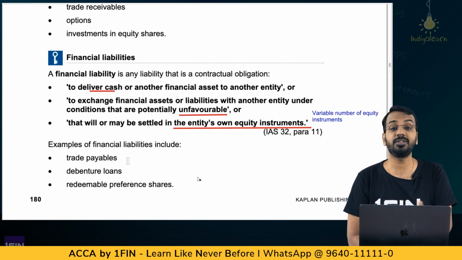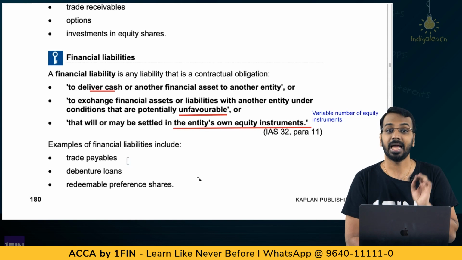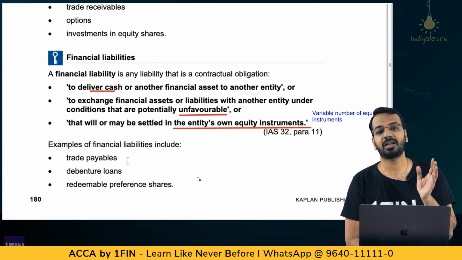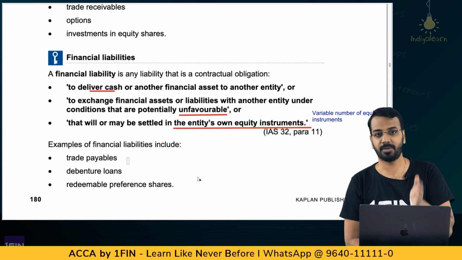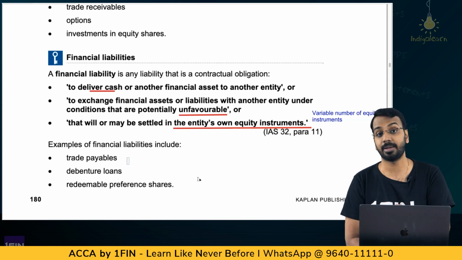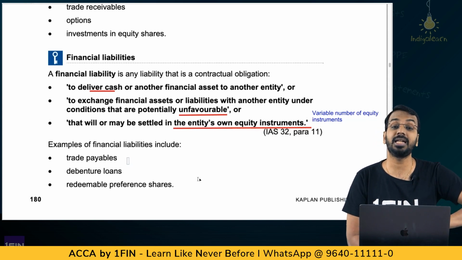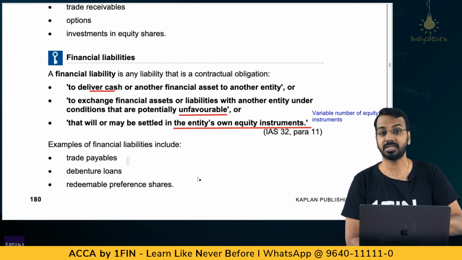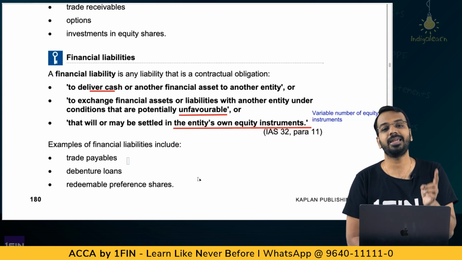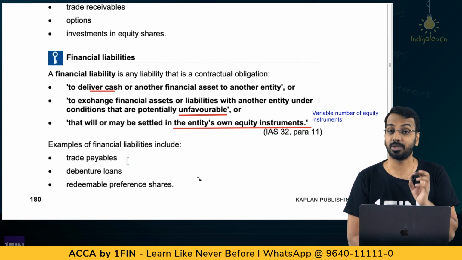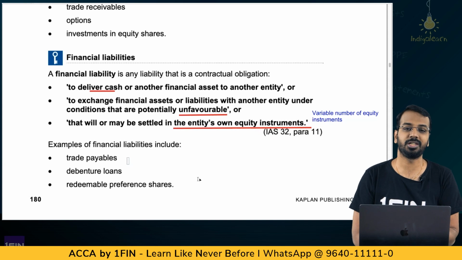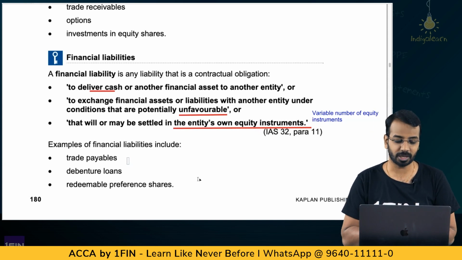There is a contract which creates an obligation to deliver cash to the preference shareholders, and hence redeemable preference shares are classified as liability. If preference shares are irredeemable, then they are not classified as a liability, because there is no contractual obligation to deliver cash.